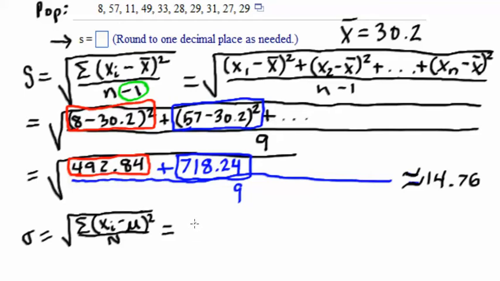It would look very similar to before, and I'm just going to write out the answer. We would not get the same answer as dividing by uppercase N minus 1, and so you actually obtain 13.999, approximately 14 exactly.